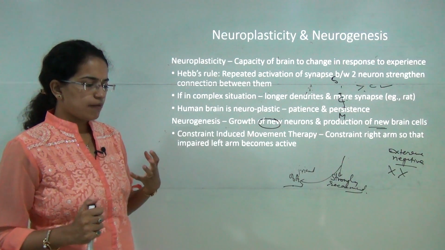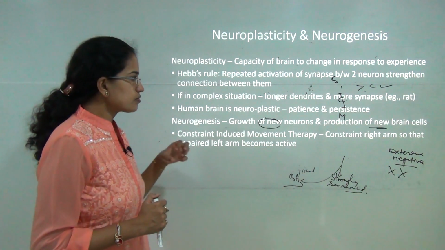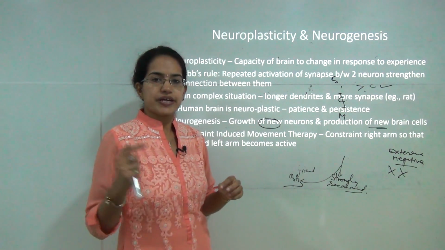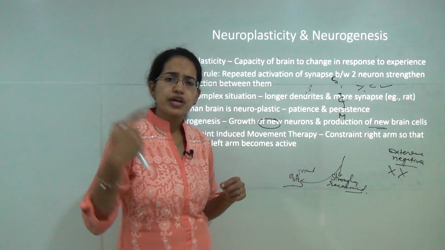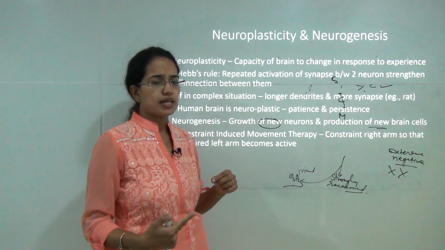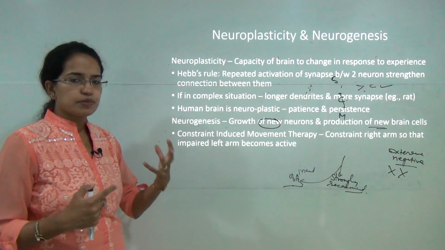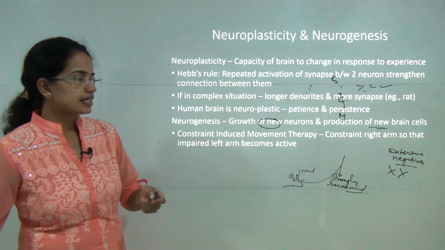Let's say, for example, a rat is kept in an extreme situation. What would happen? That rat would struggle to get the food, and when it's struggling, it's trying to work out more and more complex phenomena. As a result, it would lead the rat's brain to have much longer dendrites and much more detailed synapses.